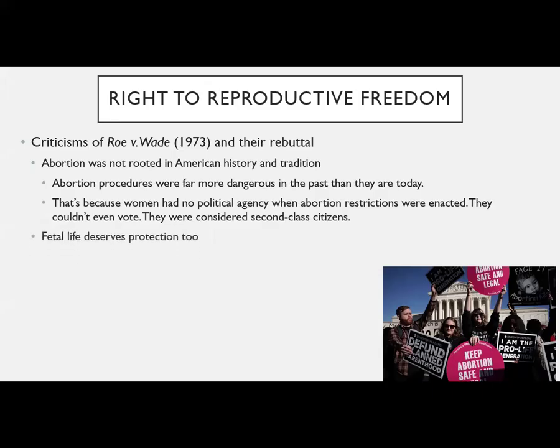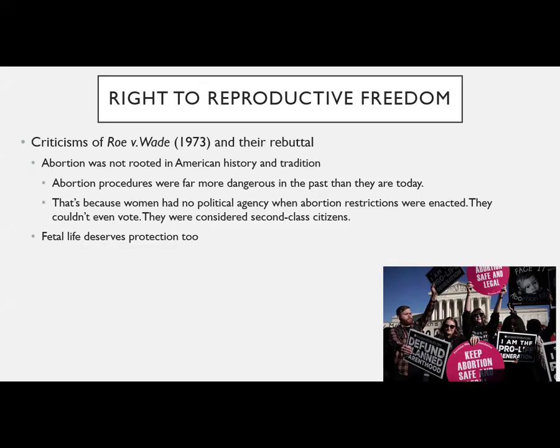The second criticism related to the existence of at least the potential for life growing within the woman. This criticism is often grounded in religious and moral principles that define life as beginning at the moment of conception. And following that reasoning, the additional fetal life deserves the same protection as the woman's liberty.